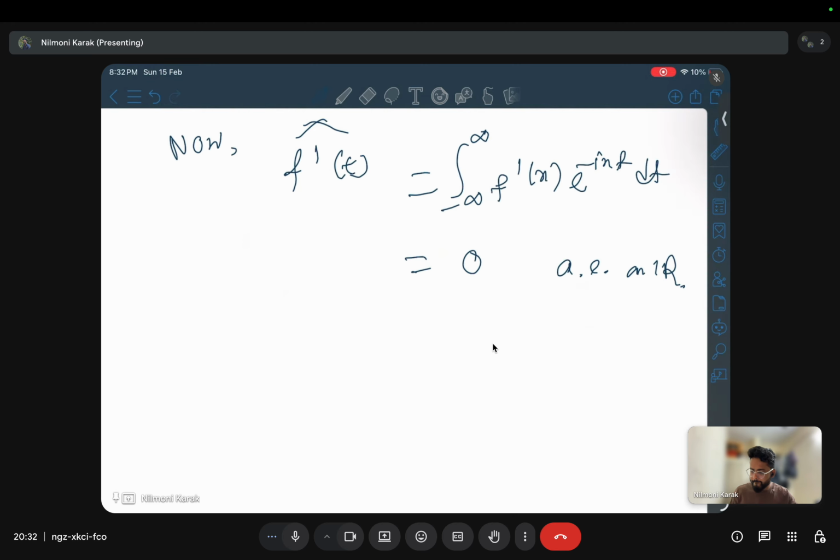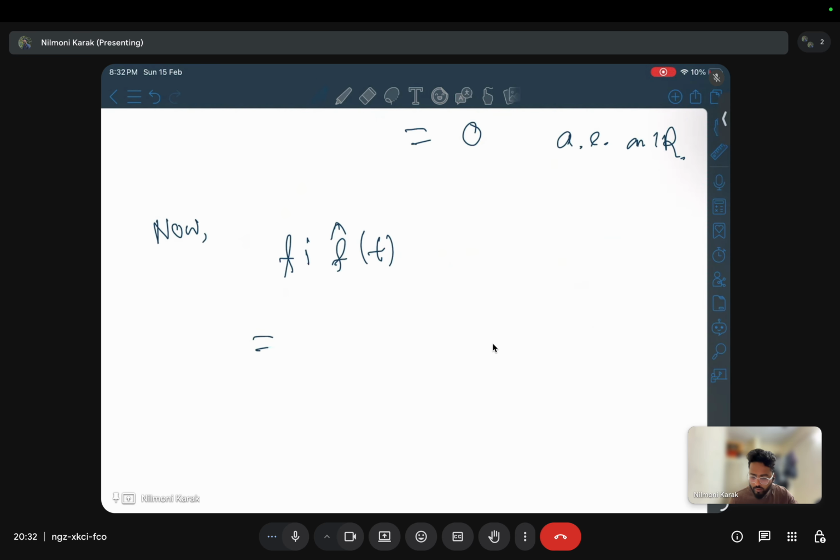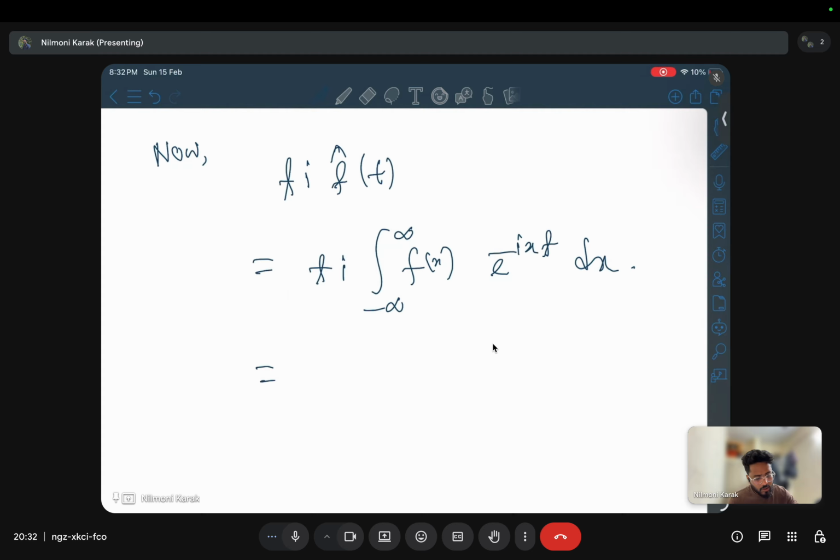Now just compare with it f hat of t, which equals it times the integral from minus infinity to infinity of f(x) e to the power minus ixt dx. Here f(x) is 1 on minus 1 to 1, so it is the integral from minus 1 to 1 of e to the power minus ixt dx.